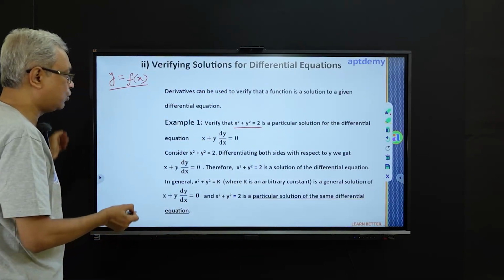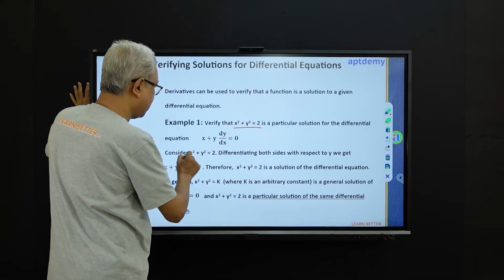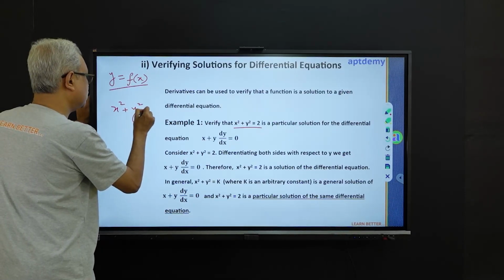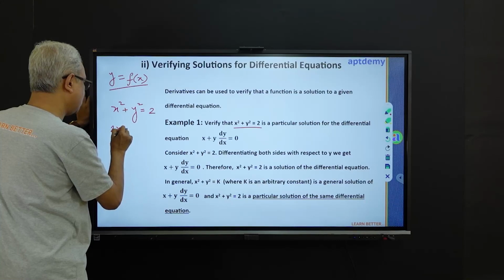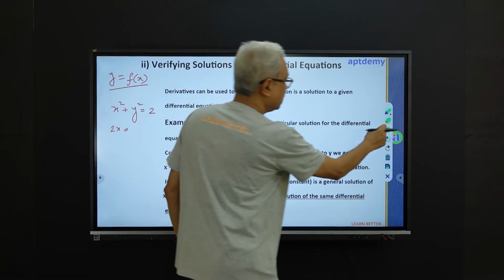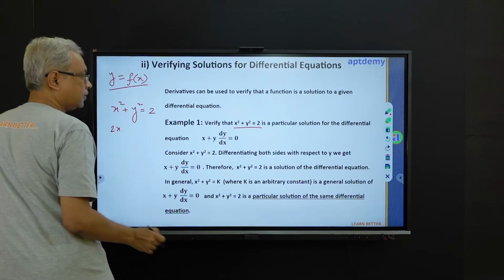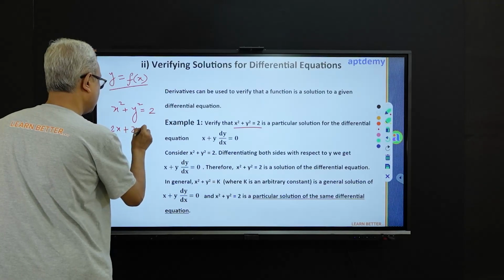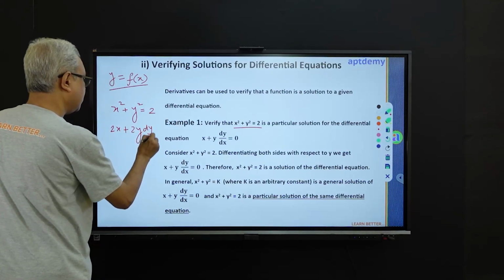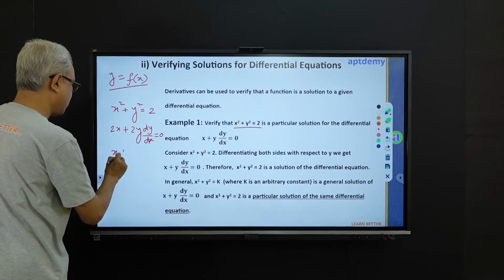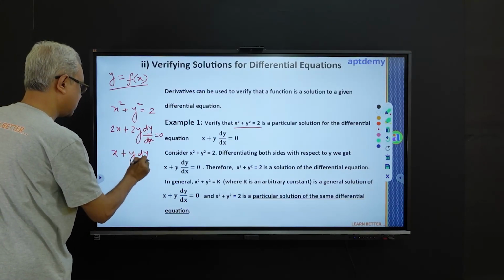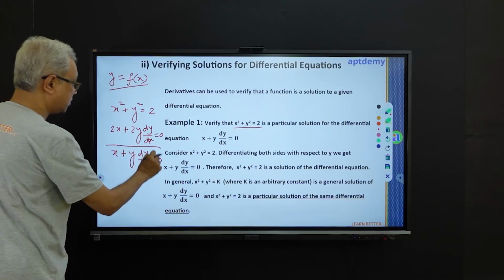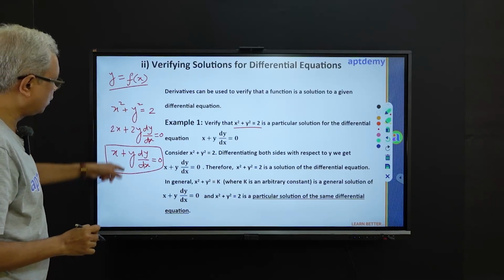So begin with x square plus y square equal to 2, differentiate, and you get 2x plus 2y dy/dx is equal to 0. So x plus y dy/dx is equal to 0. So this is the differential equation, and it is a solution of this differential equation.